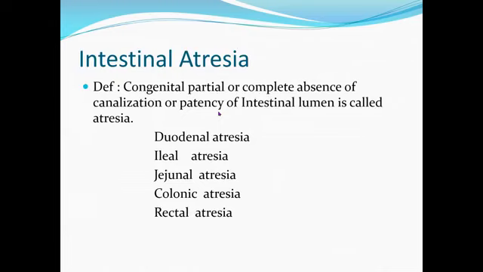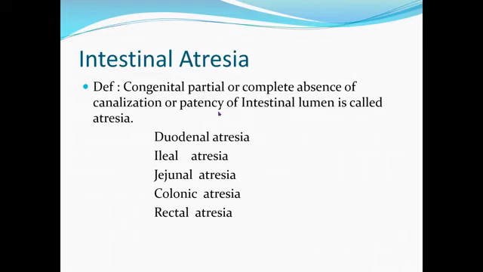Atresia may occur anywhere in the gut, chiefly in the duodenal portion as duodenal atresia, maybe ileal, jejunal, colonic and rectal.